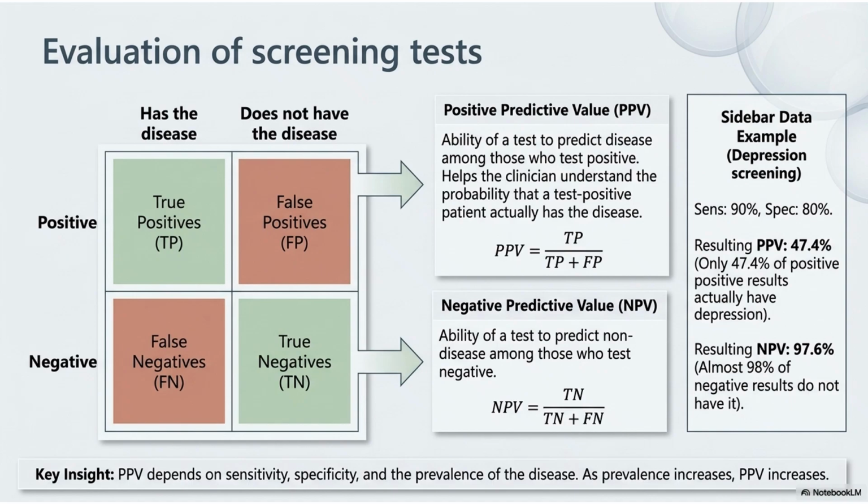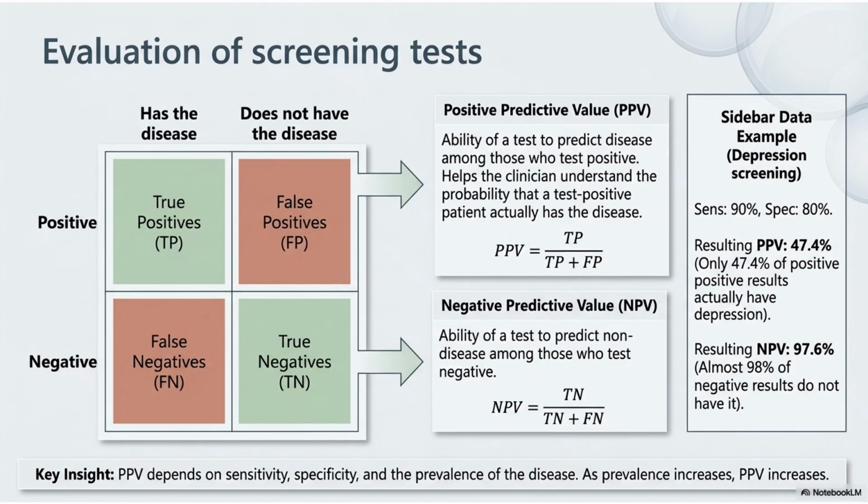So the rest are all false results. And negative predictive value of 97.6% means among all the negative reports from this particular screening test, nearly 98% negative results are correct, but the remaining 2% negative results are false.